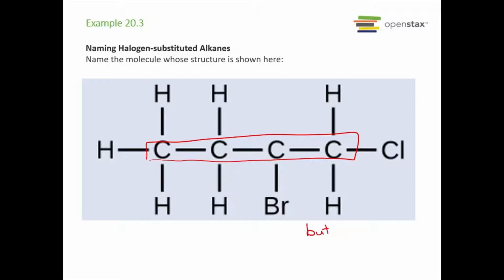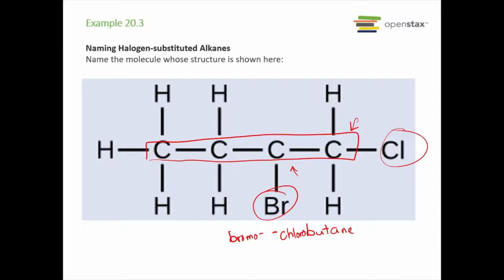They're all single bonds, so this is butane. And then we notice that 2 carbons have branches coming off of them. This one on the end has a chloro. This one here has a bromo. So we also know we have a bromo, so it has to come first. It's alphabetical, dash some number, and then chloro.